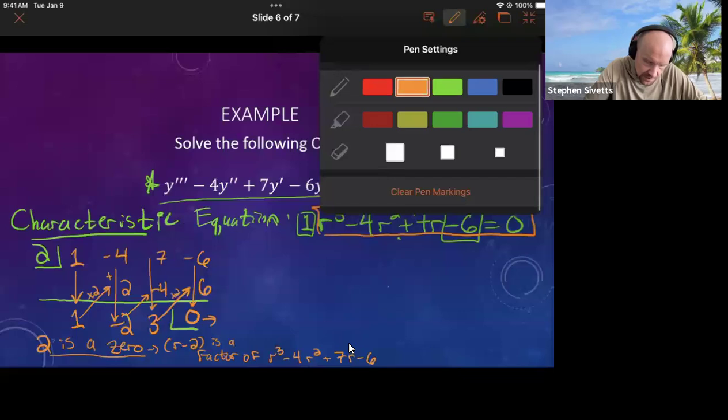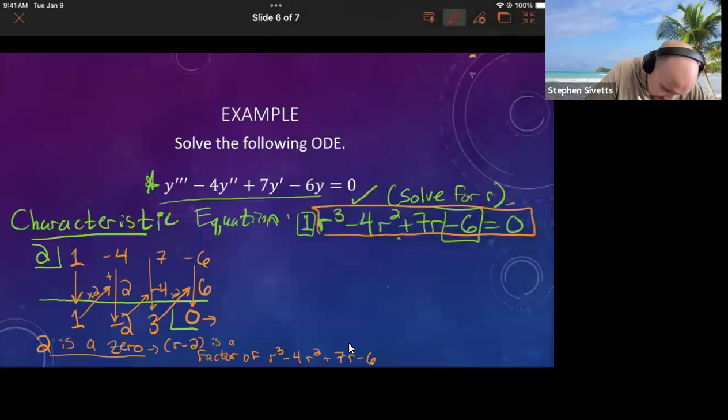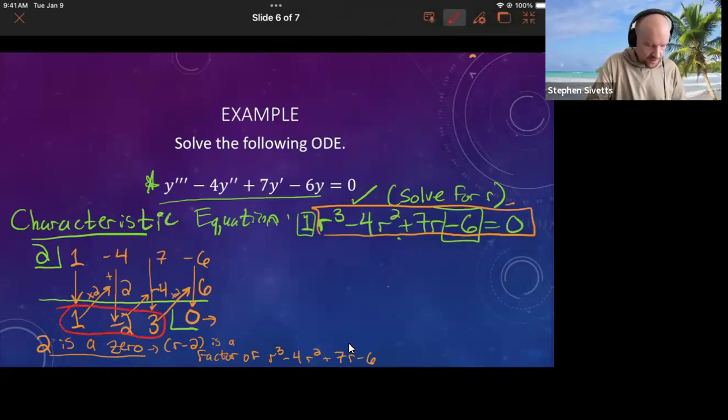And what's also great about this method is these numbers down here will correspond to a degree 2 polynomial. In particular, they are coefficients for a degree 2 polynomial.